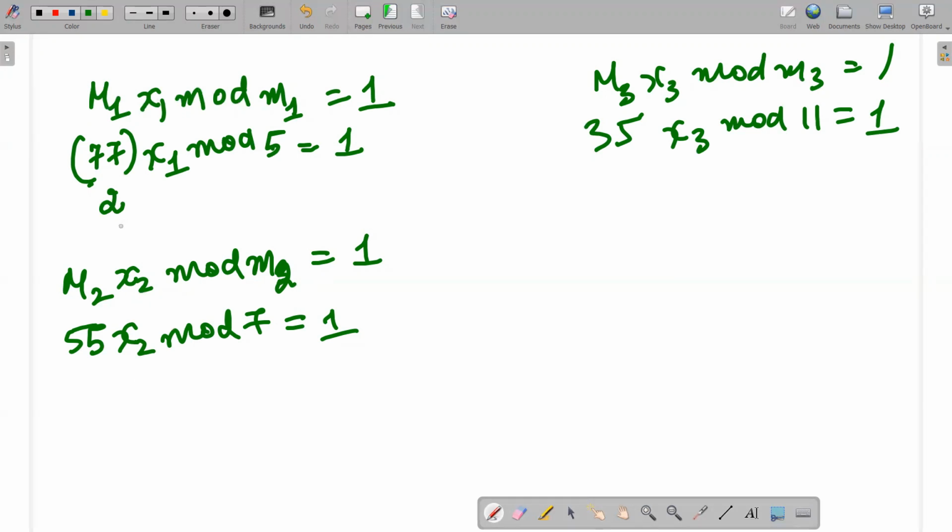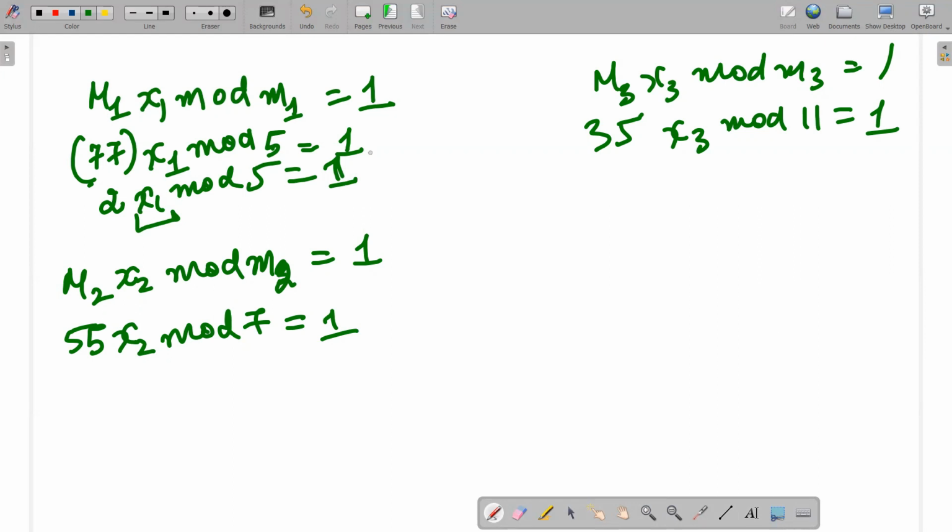So 2 x1 mod 5 is equal to 1. What should I put in this x1 so that the answer turns out to be 1? If I put x1 equal to 1, 2 mod 5 is 2.